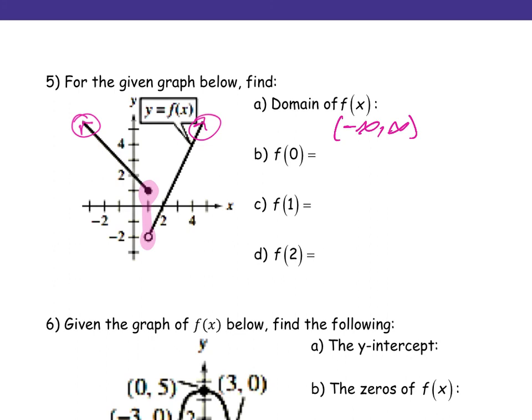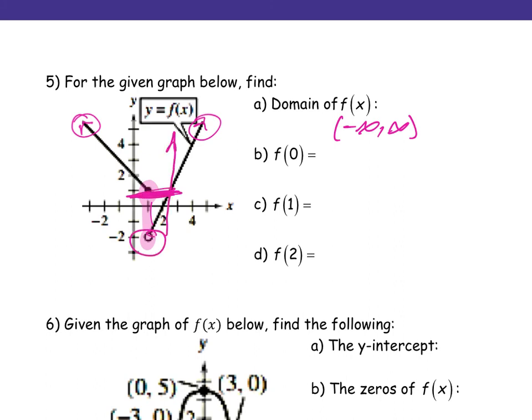Okay. So domain is my x values, range is my y values. I'm just going to talk about range really quick, even though I didn't ask about it, because there's a break in here. But there's really not a break for the range. Do you see that? My lowest point is here, and then it just keeps going.